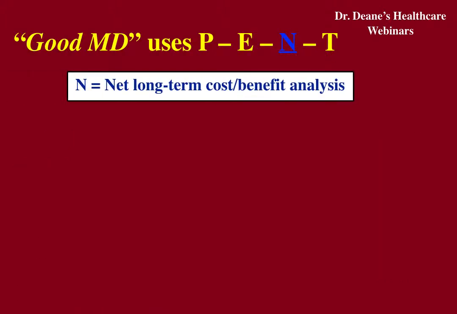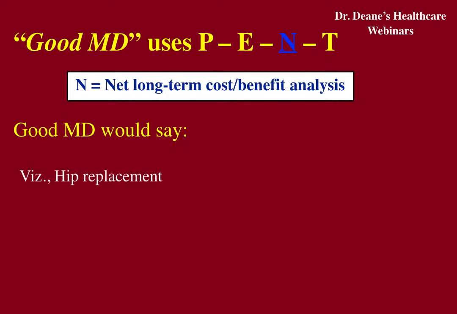A good doctor does net long-term cost-benefit analysis and presents that data to a patient. So, for example, suppose you needed a hip replacement. The orthopedic surgeon would say, well, this type of device that I think is the best for you has the following failure rate. Now, it may only be 2 or 3%, but the patient needs to know that.